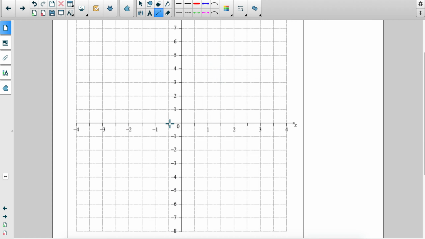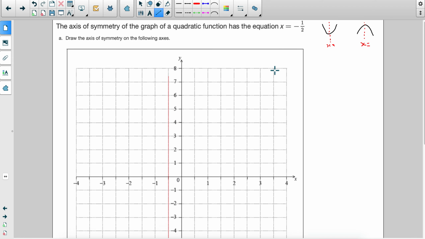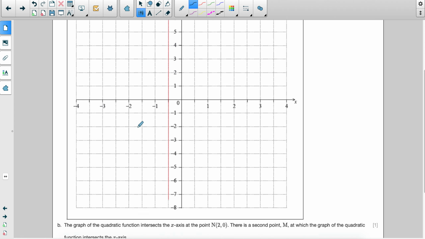So negative a half will be here. Notice that the graph is divided into halves. You could indicate it as well, just for the sake of clarity. So this is x equals negative a half.